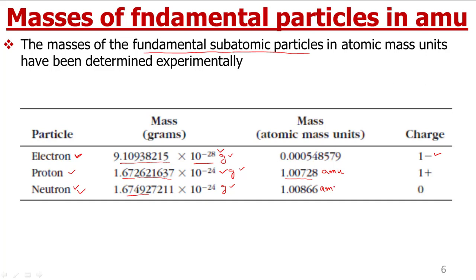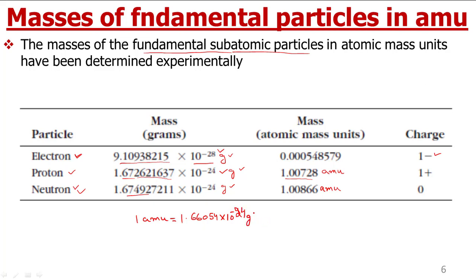Now let us see how we can convert gram into AMU. In our previous slide we defined 1 AMU. First we need an equivalence relation. It is 1 AMU equals 1.66054 into 10 raised to the power minus 24 grams.